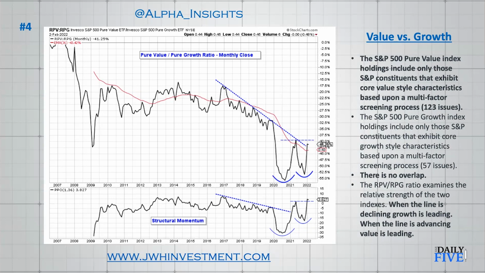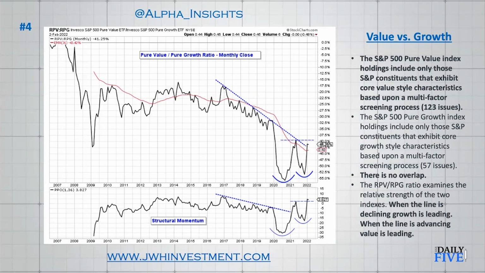Now, the growth index does the exact same thing, but only looks for those constituents within the S&P 500 that are exhibiting core growth style characteristics based upon that multi-factor screening process. At this time, the core growth index has only 57 issues.